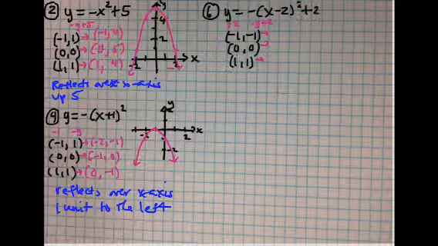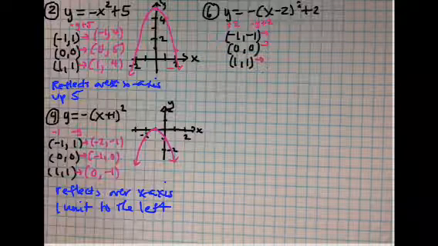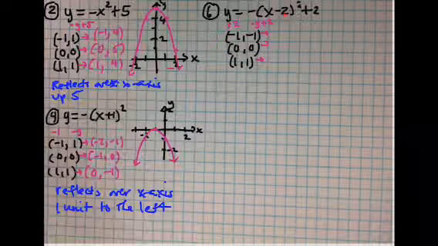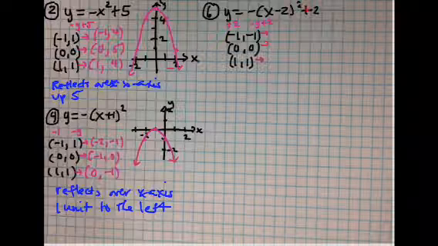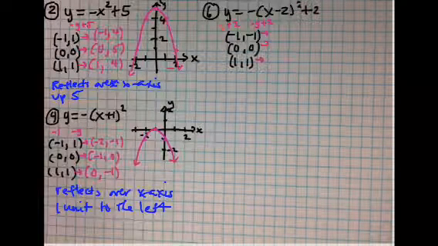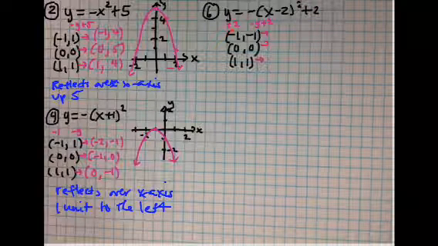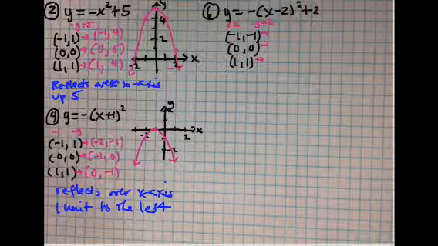Okay, so for number 6, a is -1 right here, h is +2, and k is also +2. So I already showed the transformation here, what's going to happen to the reference points. X's are going to increase by 2 because h is +2, and y's are going to change signs, and then we're going to add 2 to them.